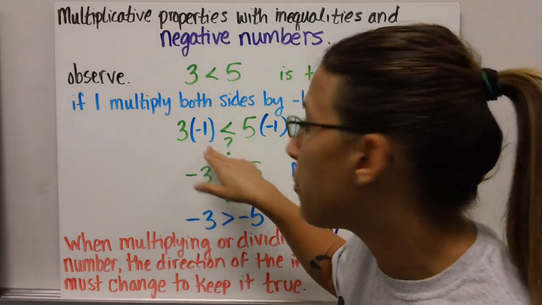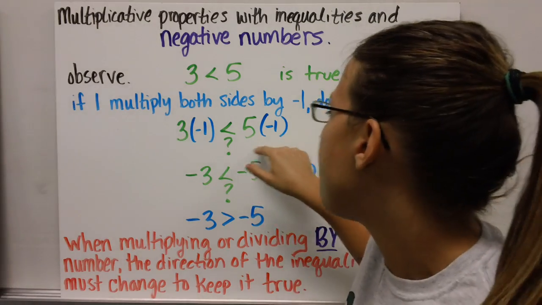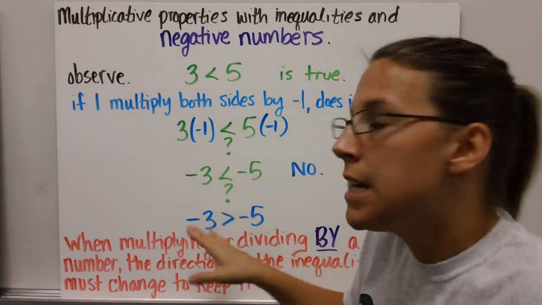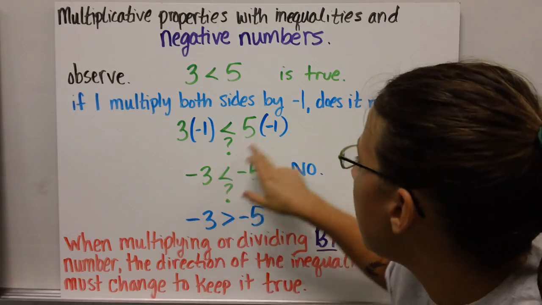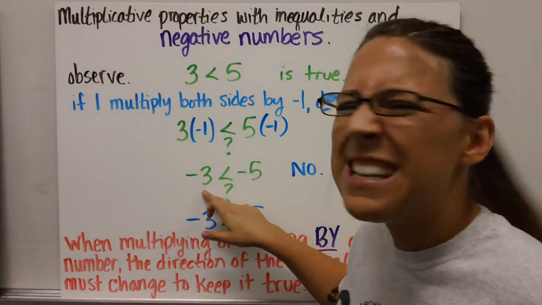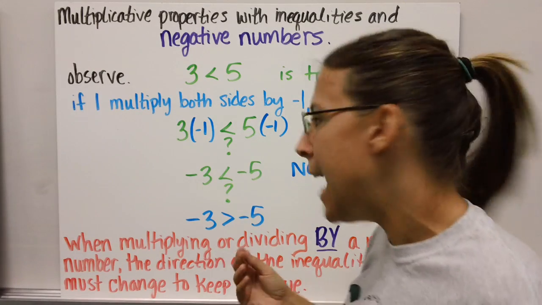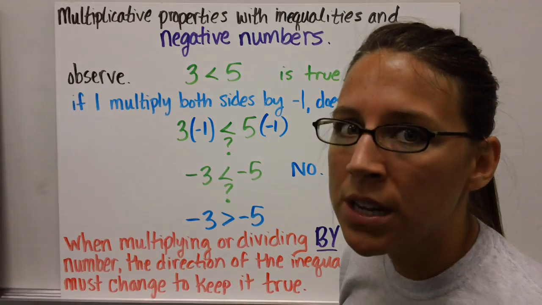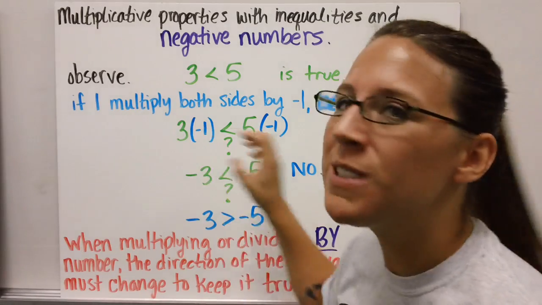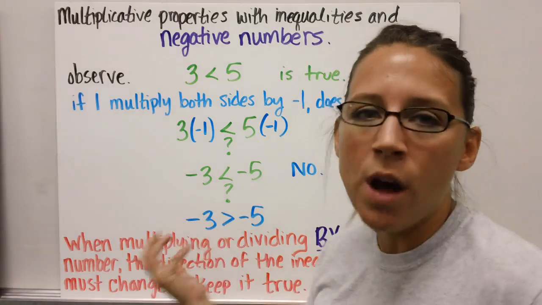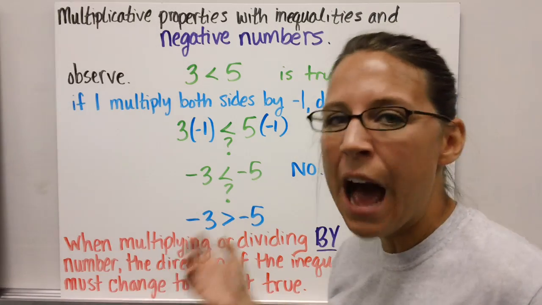If I multiply 3 by -1 and I multiply 5 by -1, is this going to stay true? Well, this becomes -3 and this becomes -5. Is -3 smaller in value than -5? It's not. It's actually greater in value. So what has happened is when I multiplied both sides by a negative number, the inequality changed to the opposite.